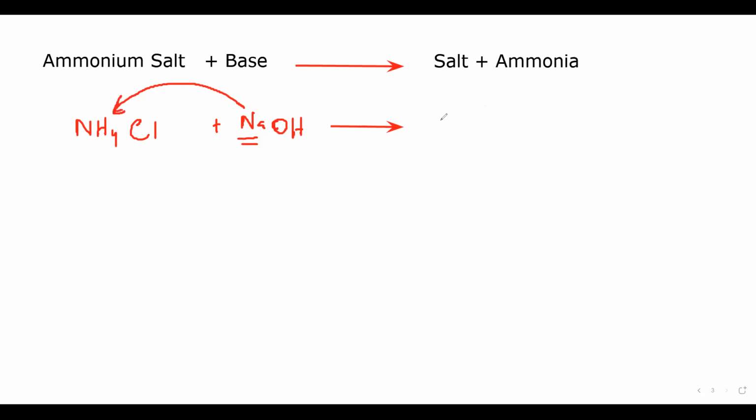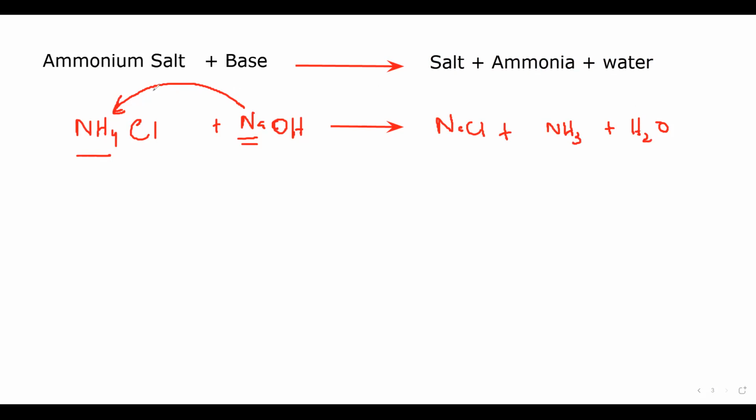So it will result in the formation of a new salt. If NH4 is removed from here and sodium takes its position, it will result in the formation of sodium chloride, NaCl, plus ammonia. The formula for ammonia is NH3, plus water, which is H2O.